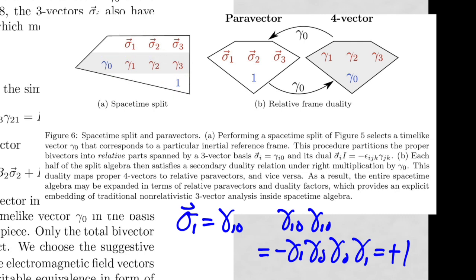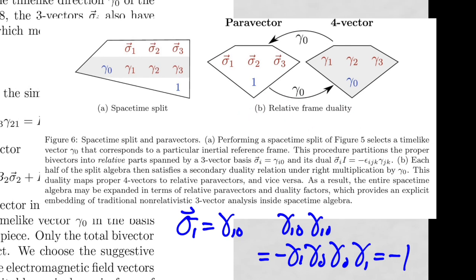So then, what we haven't studied yet is the relative frame duality, but now it's inside the space-time split. If we just study this, what do we see? If I multiply any member of the bivector basis of the space-time split and the scalar part by gamma 0, I get the gamma 0 part of the space-time split.